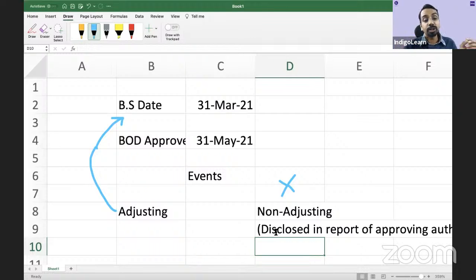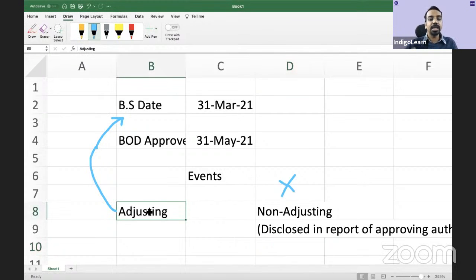So whenever there is a question mark on the going concern assumption, then though it may be a non-adjusting event, generally that has to be considered as an adjusting event, and you will have to restate your financial statements. You will have to prepare the financial statements as if the going concern assumption is not being followed. So that is the other aspect to this.